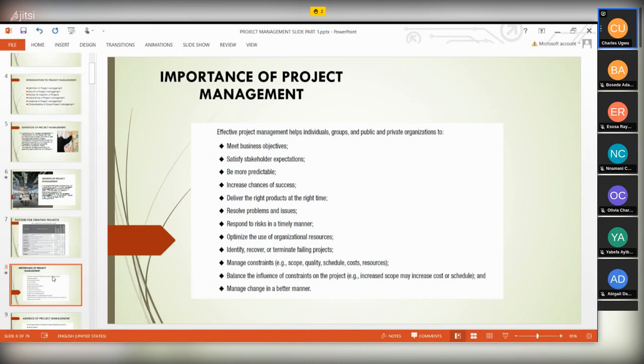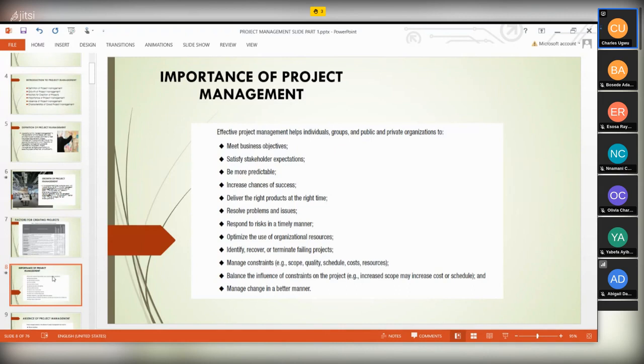Most of the things here I've already mentioned, but I just wanted to itemize them. They are the things we've just finished talking about, like delivering the right product at the right time. It's very good to deliver the right product, because you might have a right product and deliver it at the wrong time, and it becomes a problem for you.